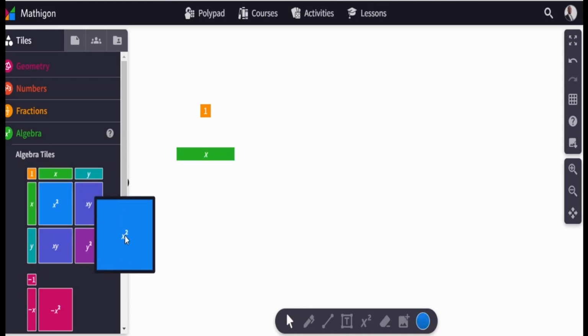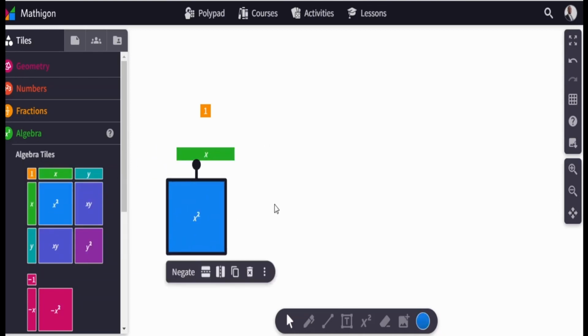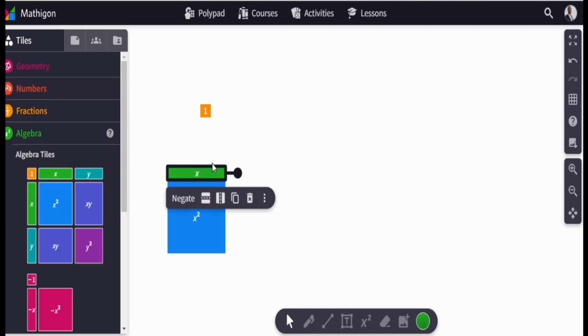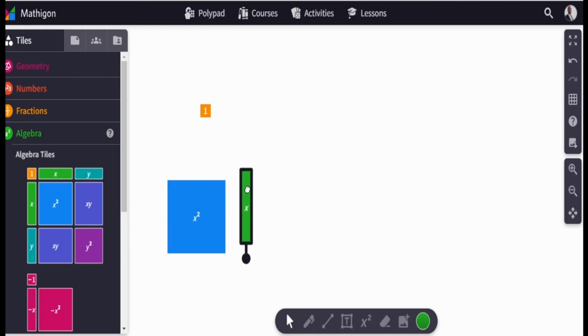We also have a larger square to represent x squared. The x squared tile is a square with side length x. So you can see that when you bring the x tile against the x squared tile, it fits exactly onto the length and also onto the width. So it is the side x by x that gives us the x squared.